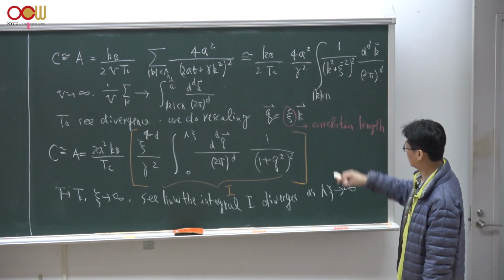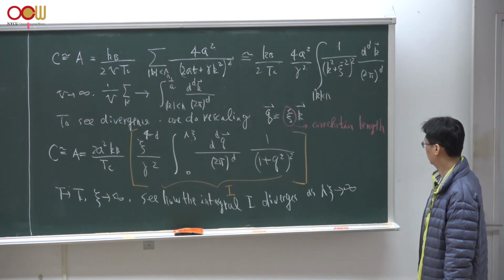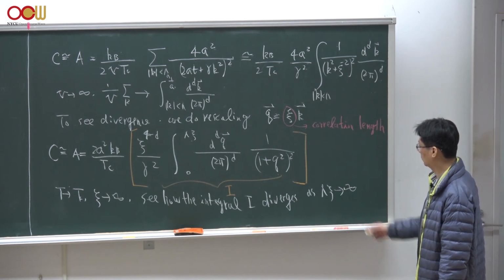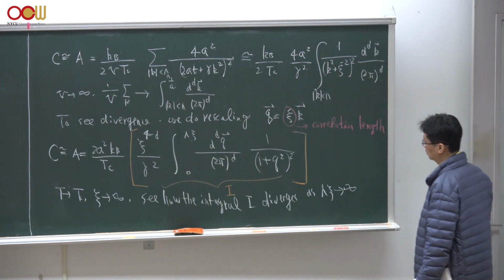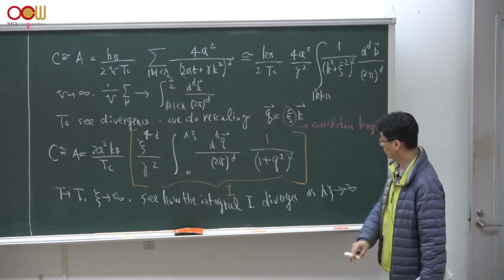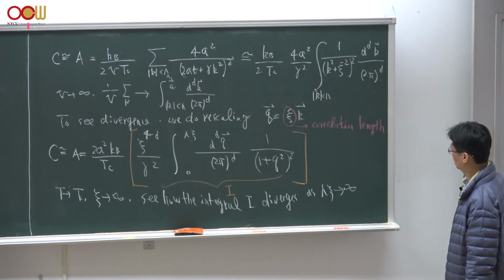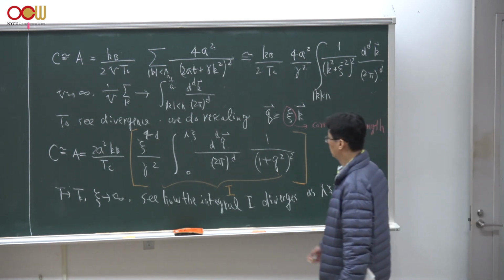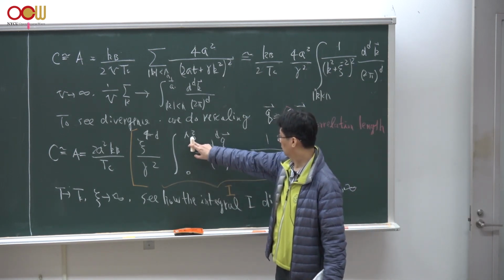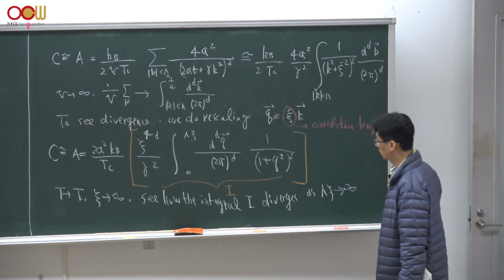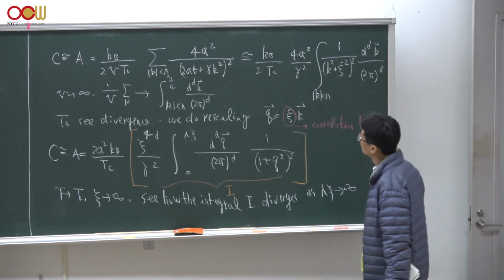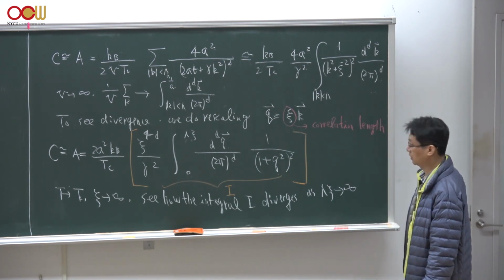So we rescale the momentum k by a factor of ξ, and rewrite this integral in terms of the rescaled momentum q. The integral ranges from 0 to a cutoff, which is the momentum cutoff Λ times the correlation length ξ.